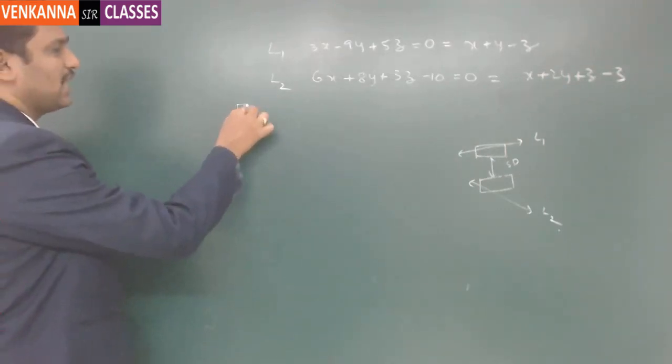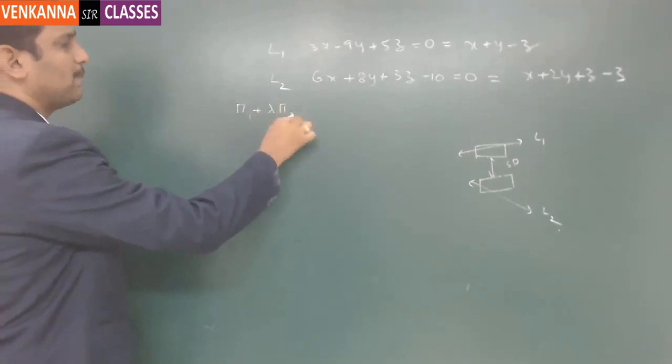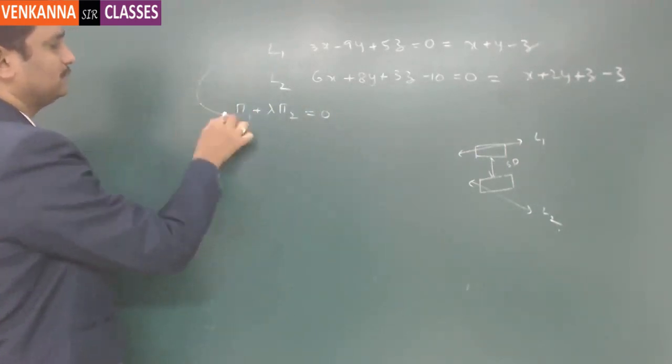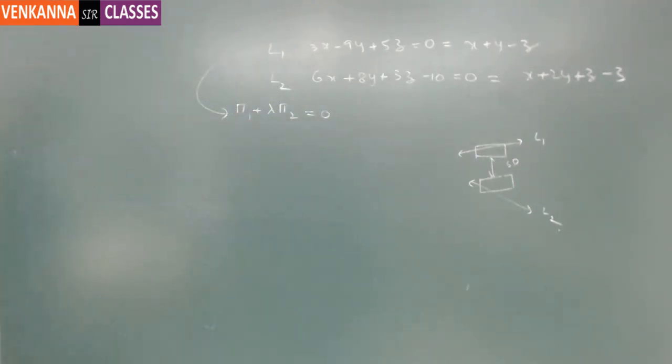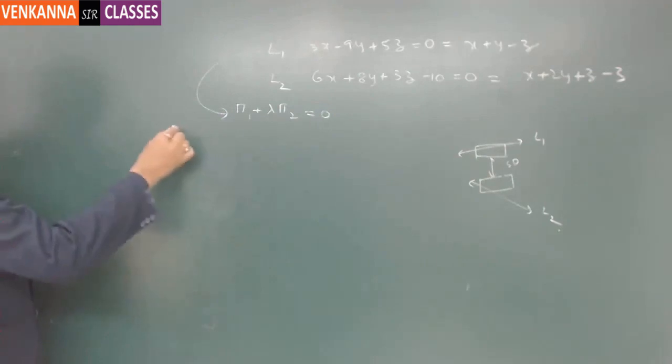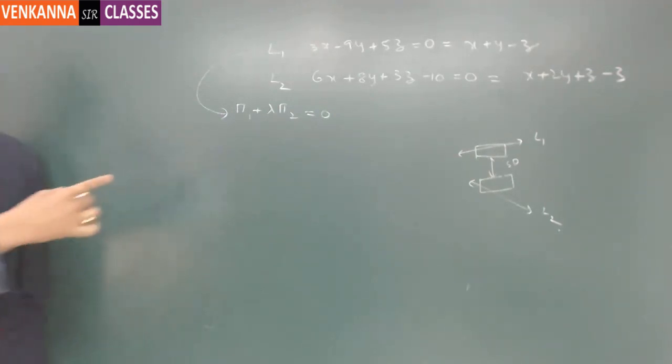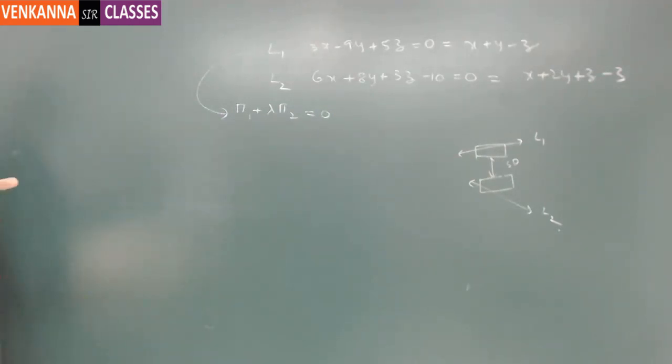So for the first line, I will apply pi 1 plus lambda pi 2 equal to 0. So I am calculating the plane passing through L1. If you apply that, can I write the coefficient values straight away?